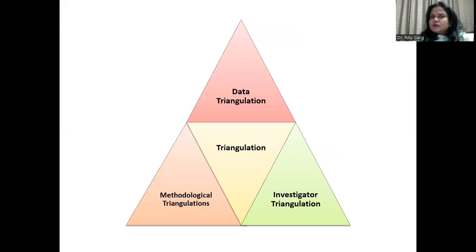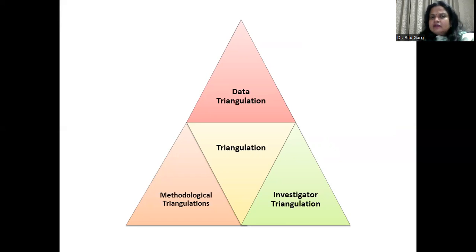There are many types of triangulation which we can do. It can be data triangulation. Data triangulation means the use of multiple data sources, like we can use multiple cases, multiple informants. And there is methodological triangulation. Here we can use multiple research methods for a study.